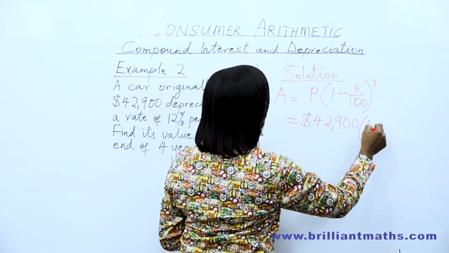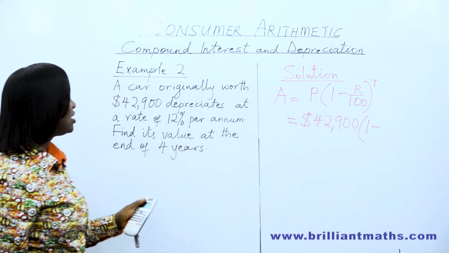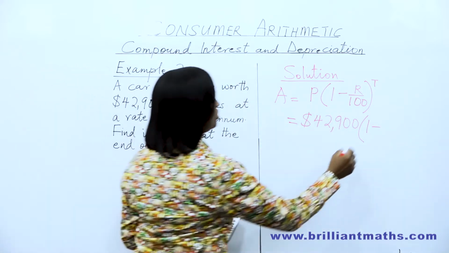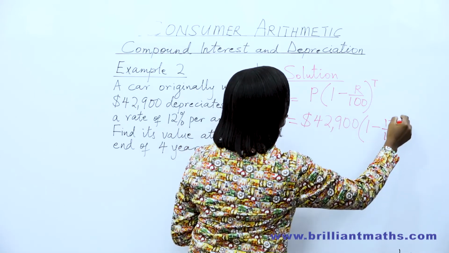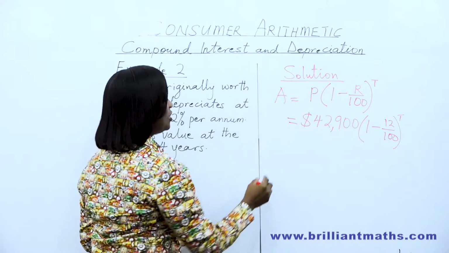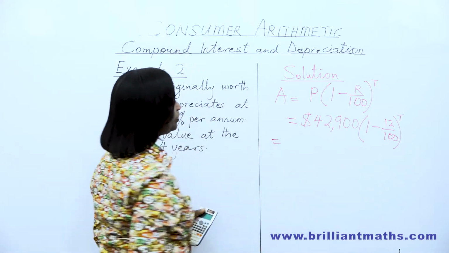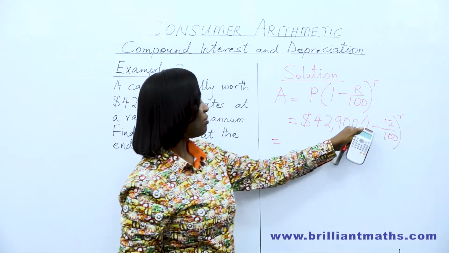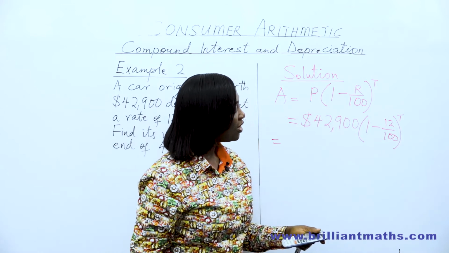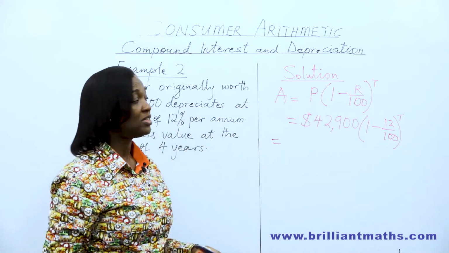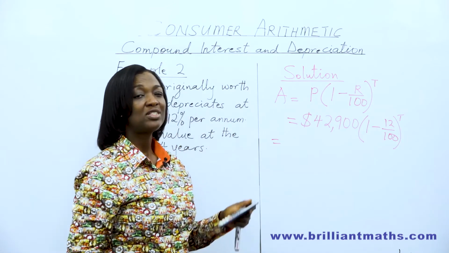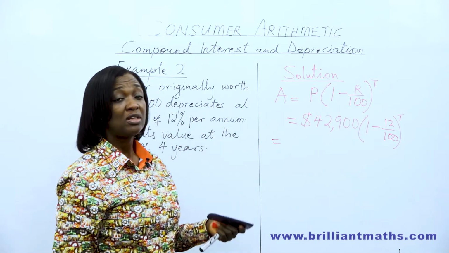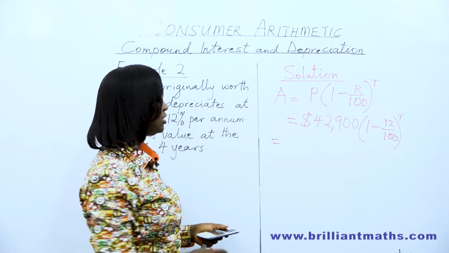1 minus, the rate is 12, so 12 over 100, to the power of t. So this will be equal to 1 minus 12 over 100. 12 over 100 is 0.12. So 1 minus 0.12 would give us 0.88.